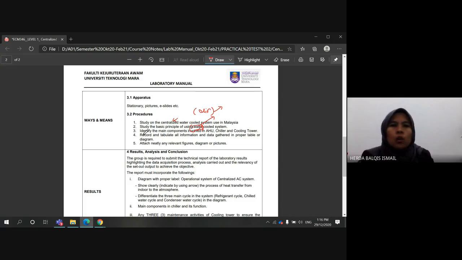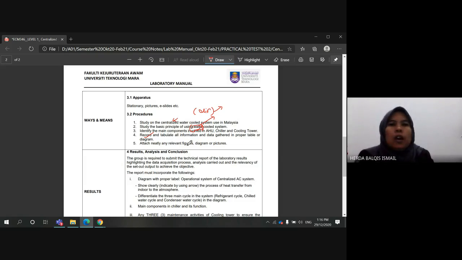So when you go through the reading and also watch the video, try to understand and make your own footnotes, sketch your mind maps and so on to help you understand the content, meaning that you record the information in your own style. But for the purpose of the report, you need to tabulate all the information and data gathered in a proper table or diagram. You need to choose which information you want to include in your lab report.